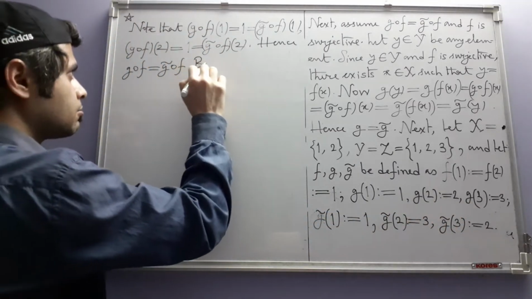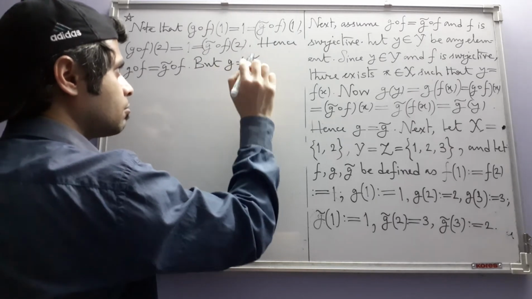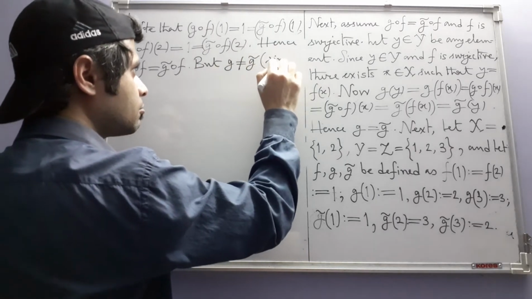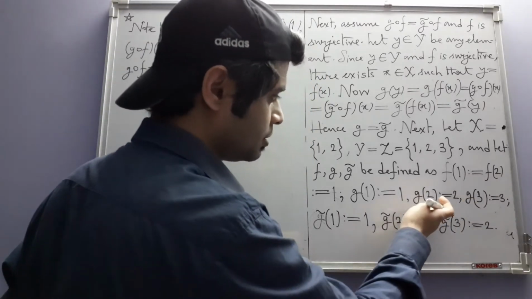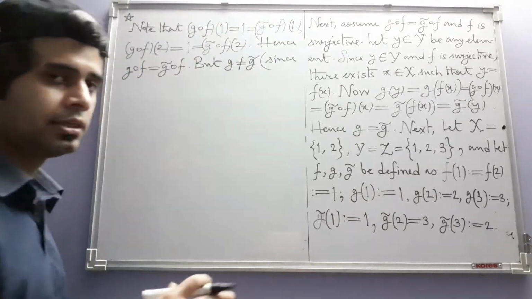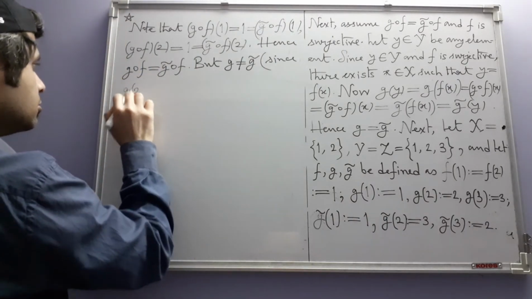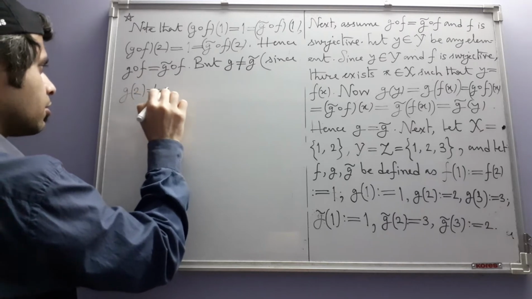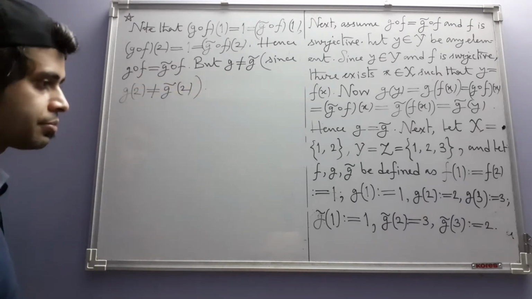But since you see here we have switched the values, g and g tilde at 2 and 3 they differ. Since g of 2 is not equal to g tilde of 2.